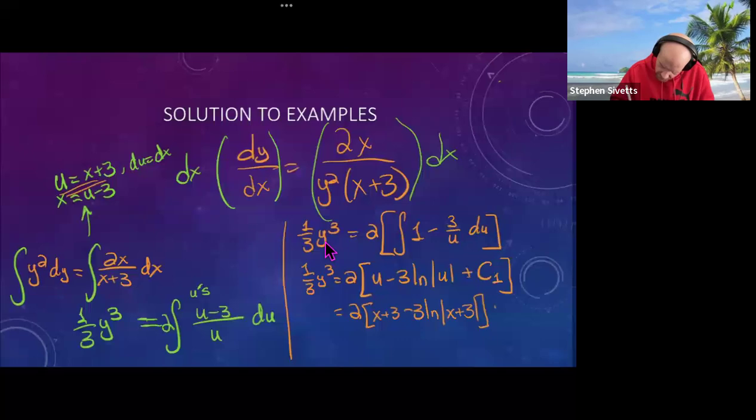And then we'll have another constant, C2, right? 2 times a constant is just another constant, right? And then the left-hand side is equal to 1/3 y cubed.